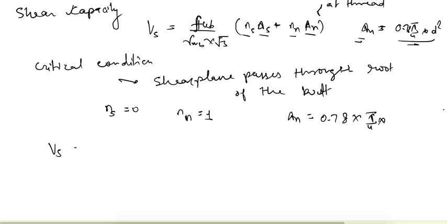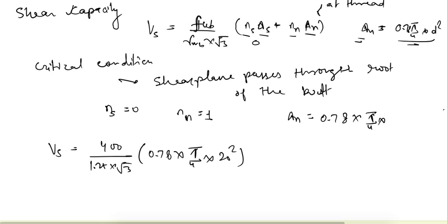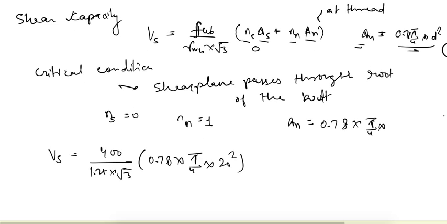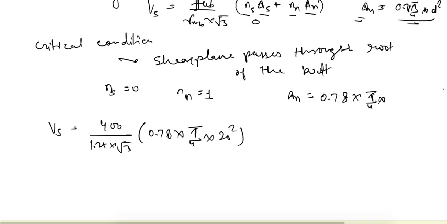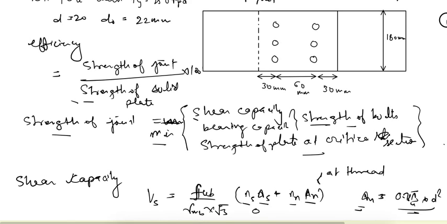Using this we can calculate 400 by partial safety factor for ultimate stress, 1.25, under root 3. ns is 0, so this term is 0 and this term is 0.78 into pi by 4 into d is 20, so that is 20 square. That gives us the shear capacity of one bolt. Now we have to see how many bolts are there.